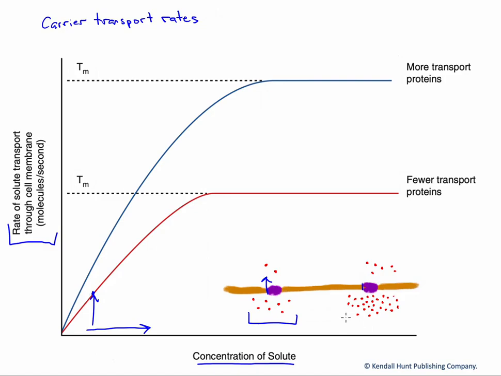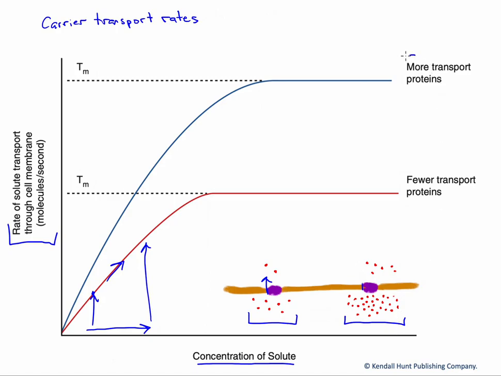If we increase the concentration of the solute in the vicinity of these transporters, we then, of course, have moved to the right, and we have increased the likelihood of interaction with our transport proteins, and our transport rate has increased. Okay, so our concentration of solute is directly affecting our rate, our ability to move solute.